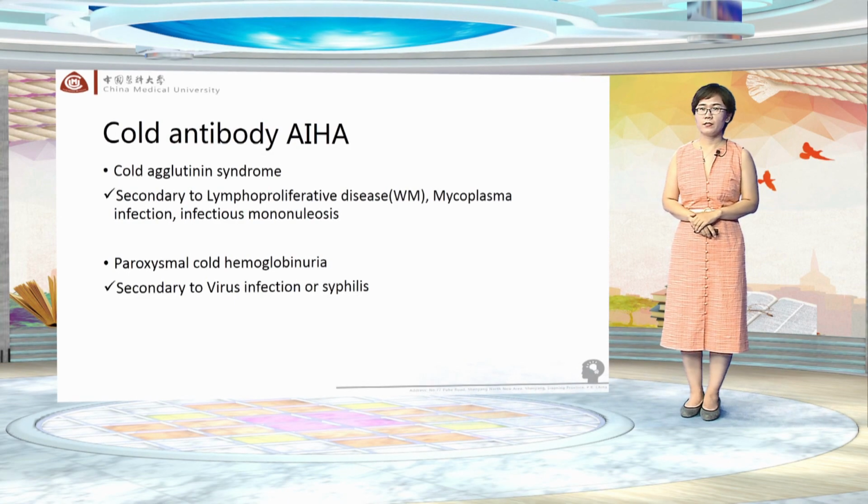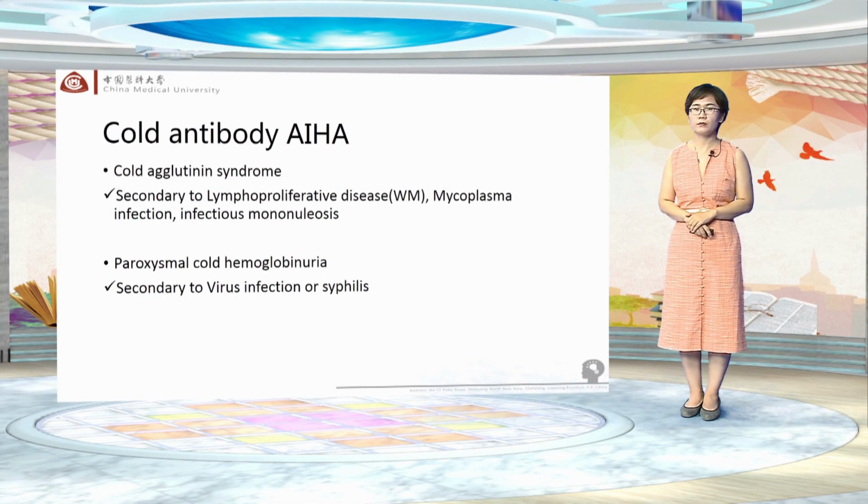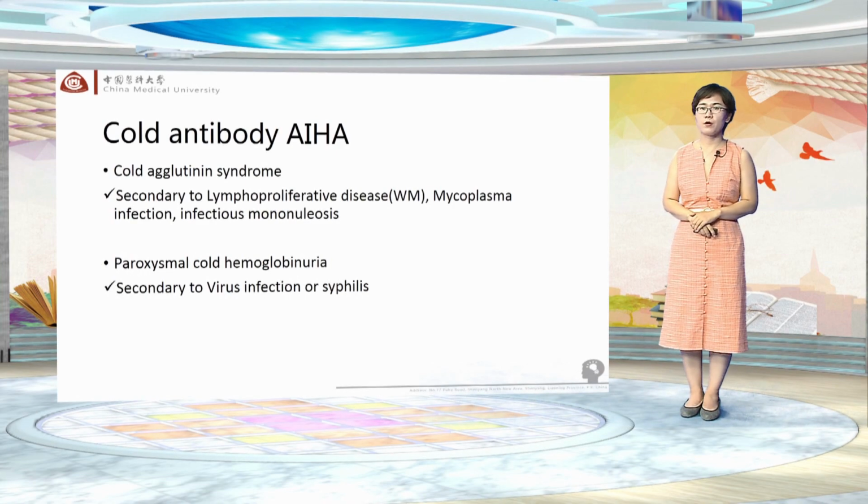Cold antibody autoimmune hemolytic anemia includes cold agglutinin syndrome and paroxysmal cold hemoglobinuria.